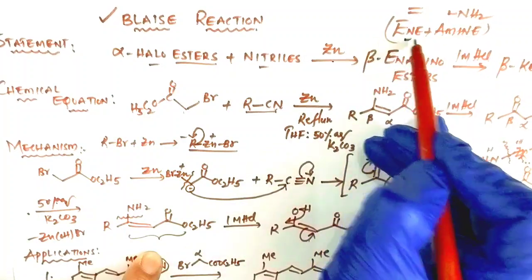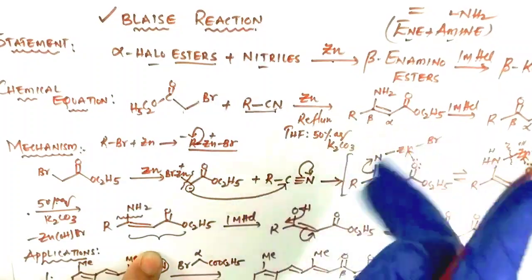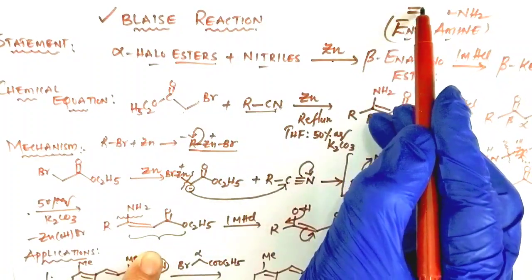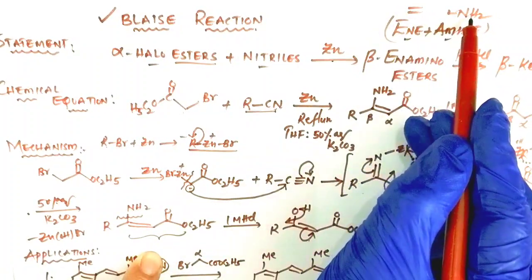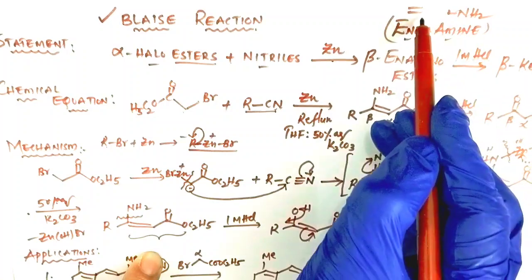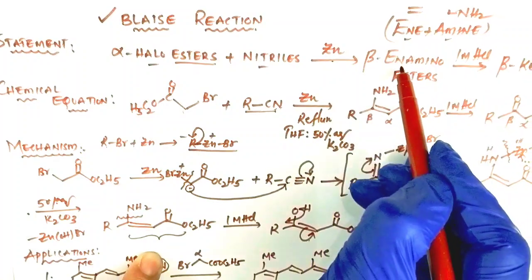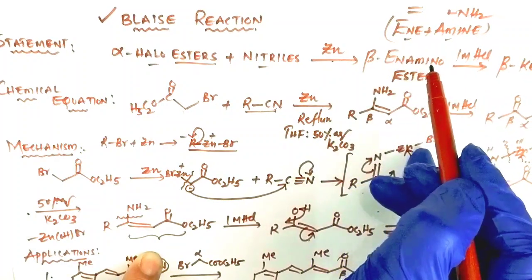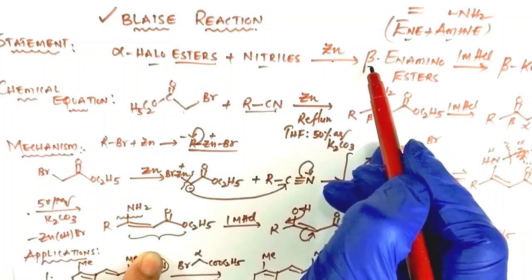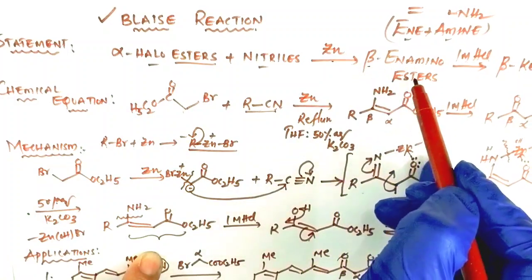Enamino means en plus amine. En means we have a double bond. Amine means amino group. Amino group with attached double bond is commonly called enamine group. The position is beta, so beta enamino ester.